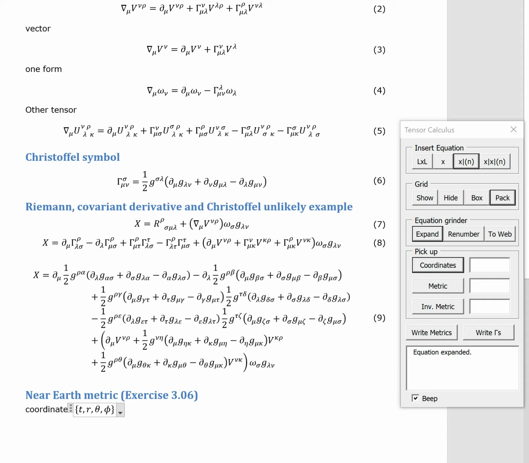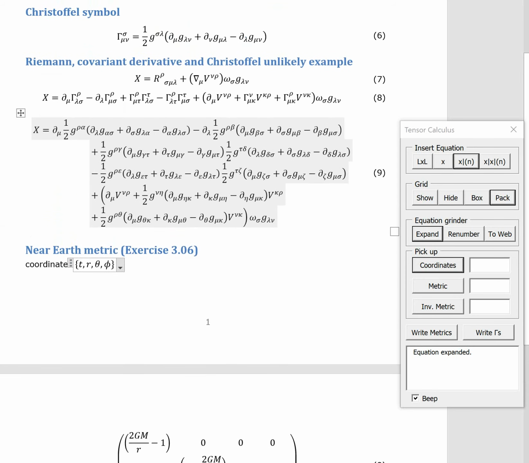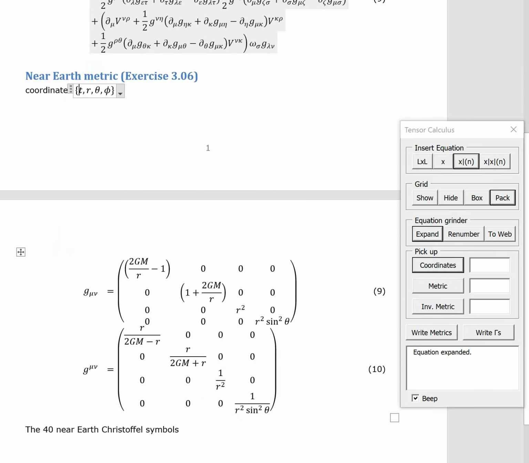That's a very painful process because, with 4 dimensions, each of those indices can take one of 4 values. So you might think you get 64 components. Well, you're lucky. In fact, due to symmetry of the lower 2 indices, you only get 40.